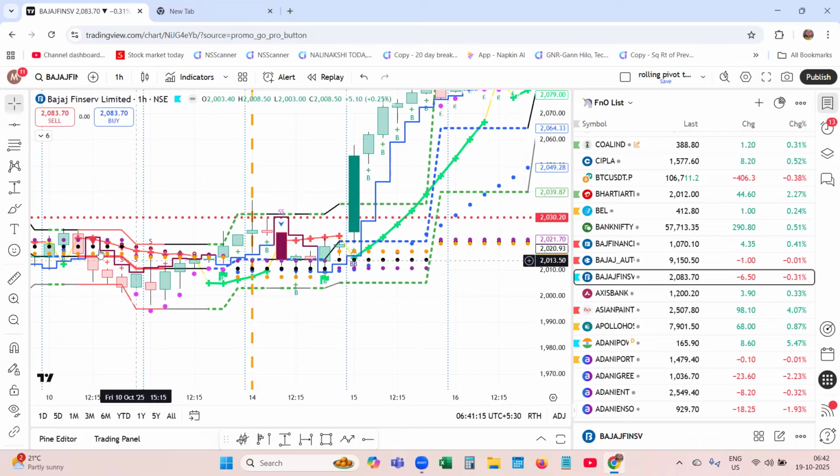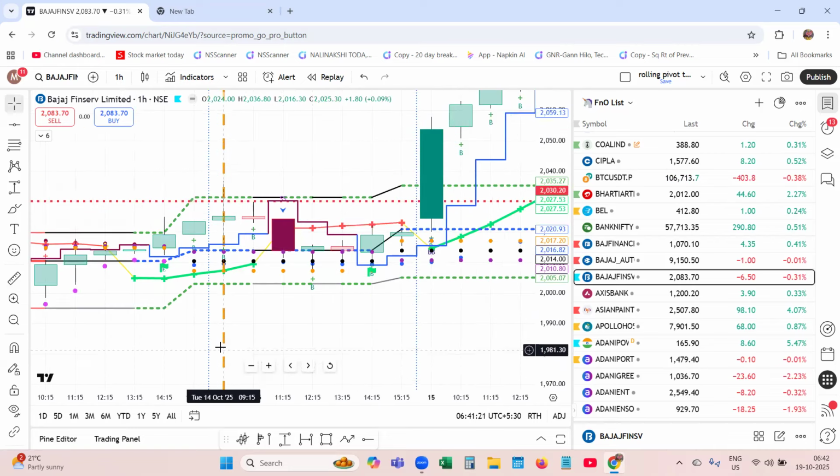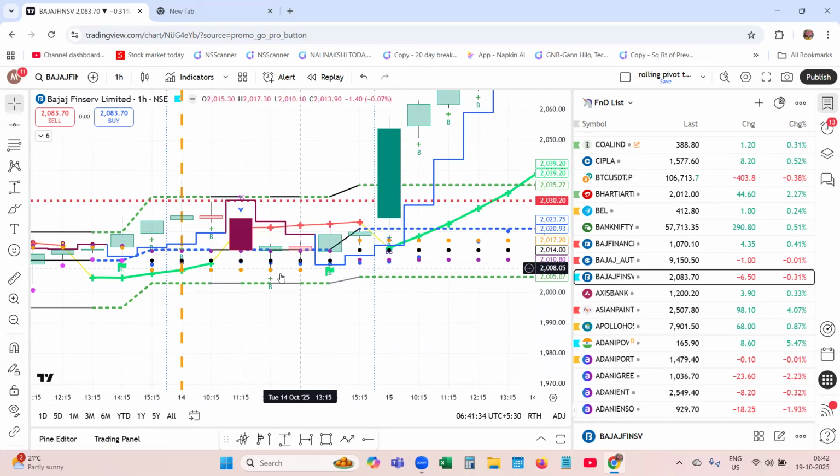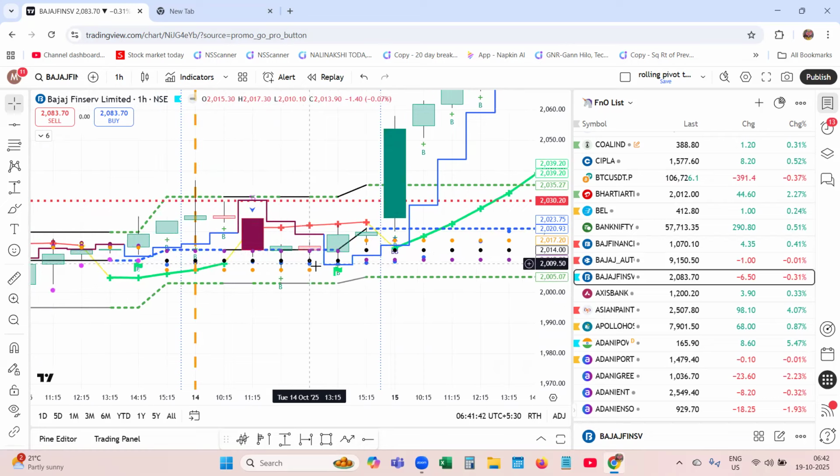Okay. So here I'm zooming out to the 14th. On the 14th, the Gann Hilo showed mixed feelings throughout the day, but the rolling pivots were green. When they were rising, there was proper alignment of the trade.